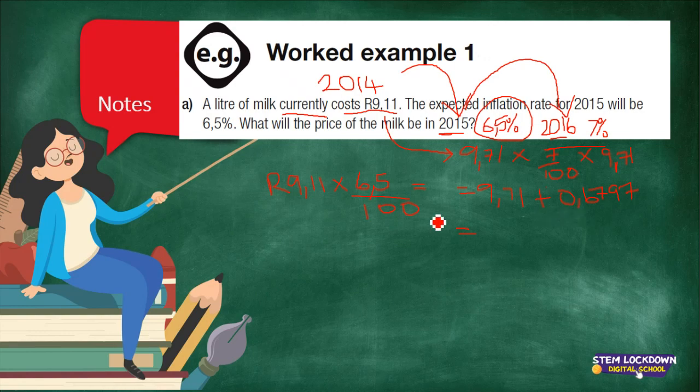So now after 2 years, the price is now 10.3897. Obviously, when it comes to amounts, they must be rounded off to 2 decimal places. So this will be 10 Rand 39. Right. So this is 2016. This is 2015. This is 2014.